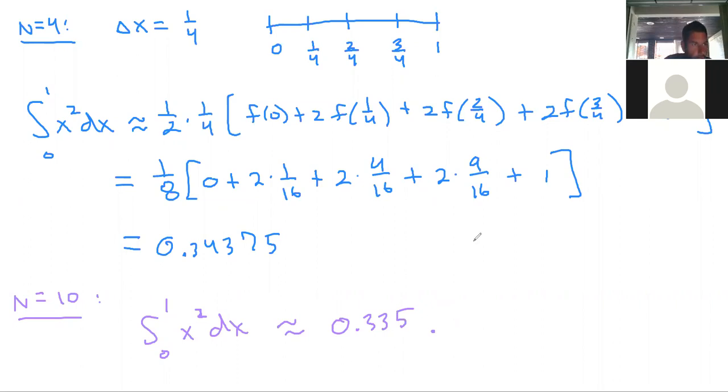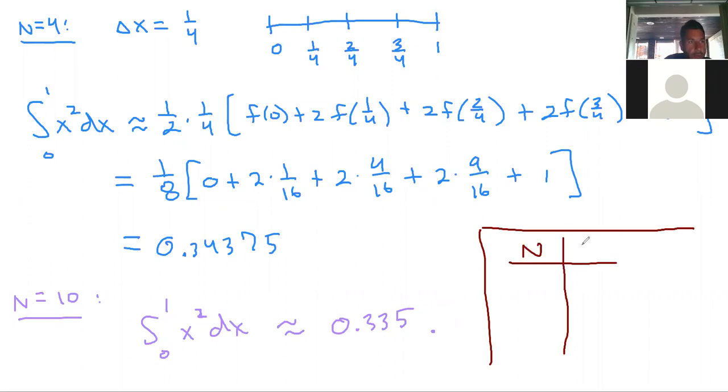So if we make a little table here to illustrate our results, this is often useful to do. We have our n values here, and then the approximate value of the integral. When n is 1, we got 1/2.